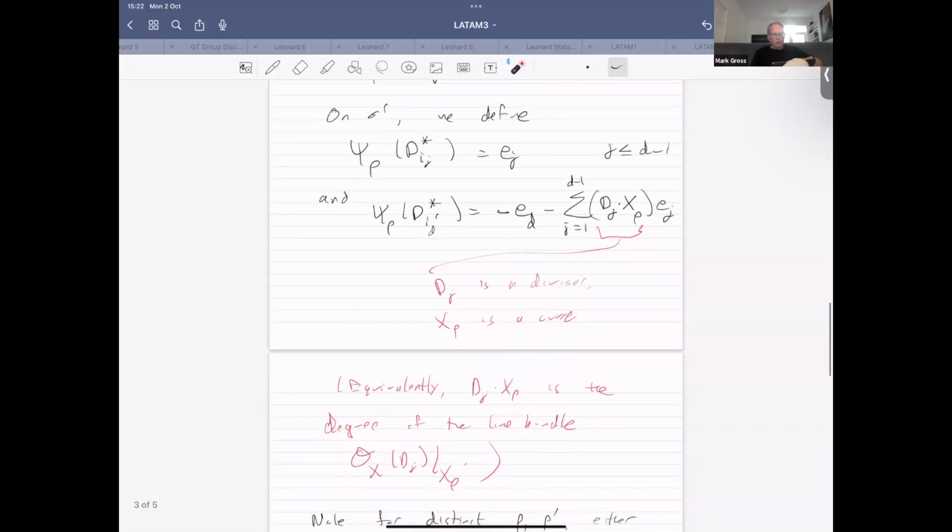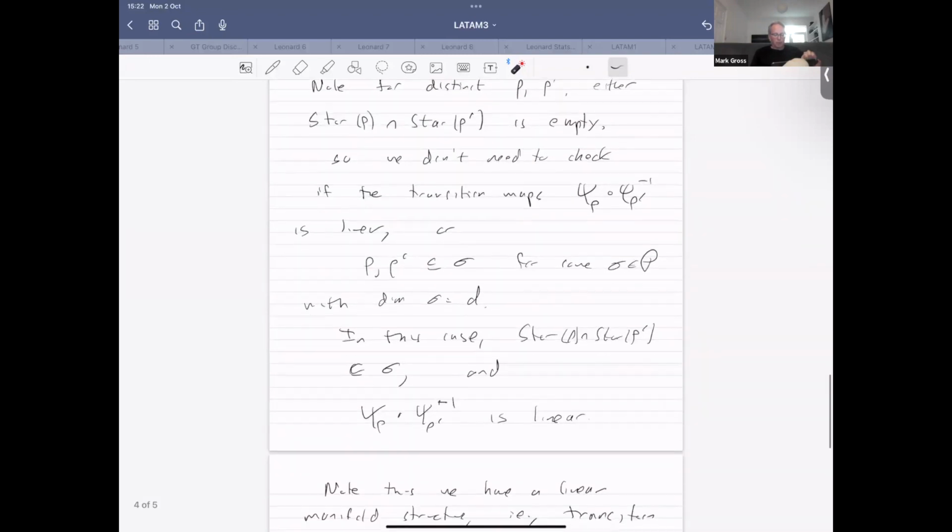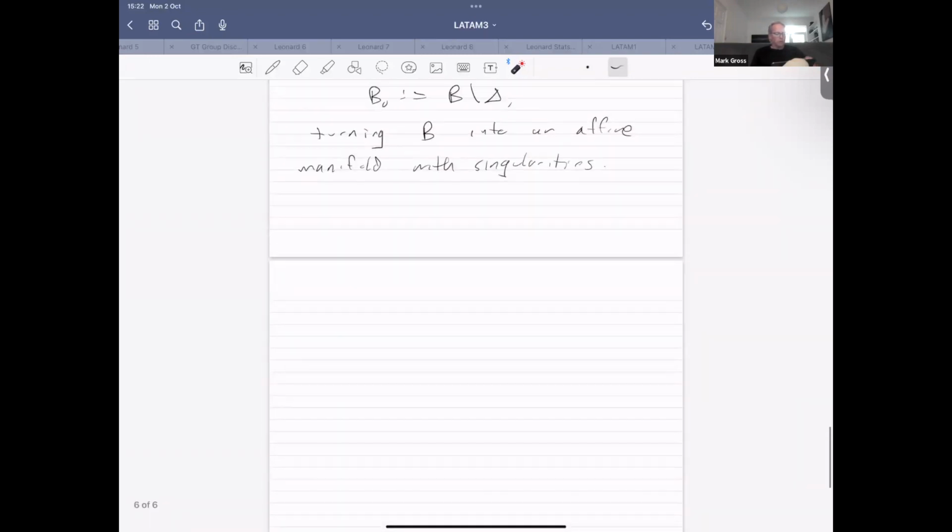Now, let me do a two-dimensional example, and maybe this formula will then make a little bit more sense. So the first example I want to do, maybe the only example I'm going to do, is X is the del Pezzo surface of degree 5.